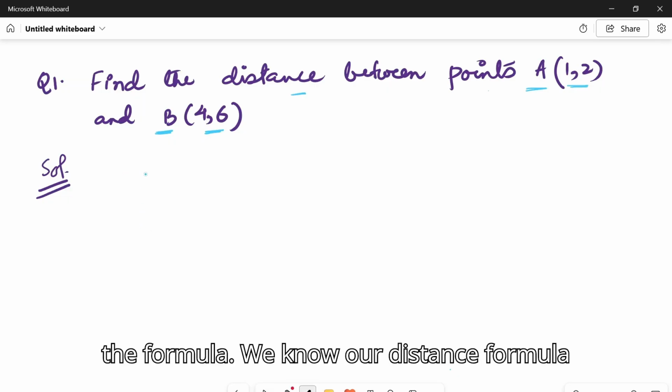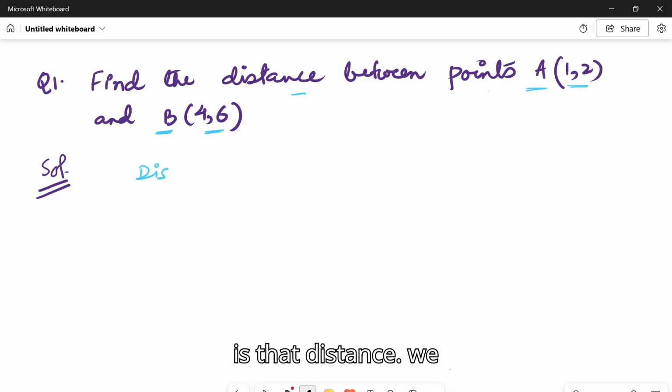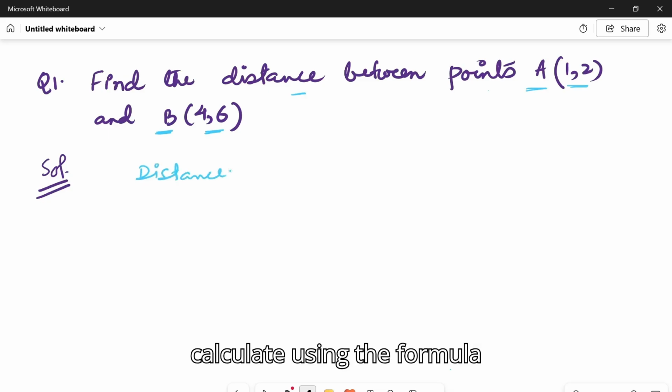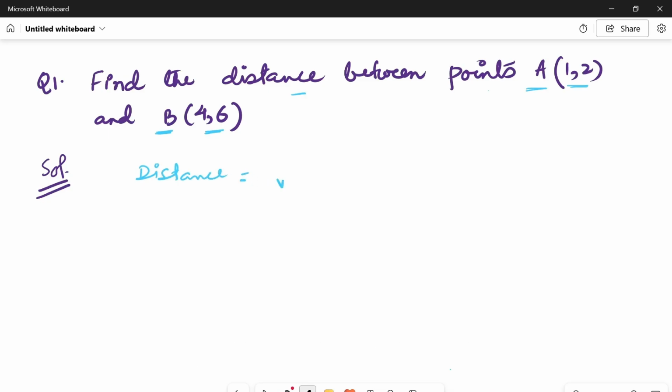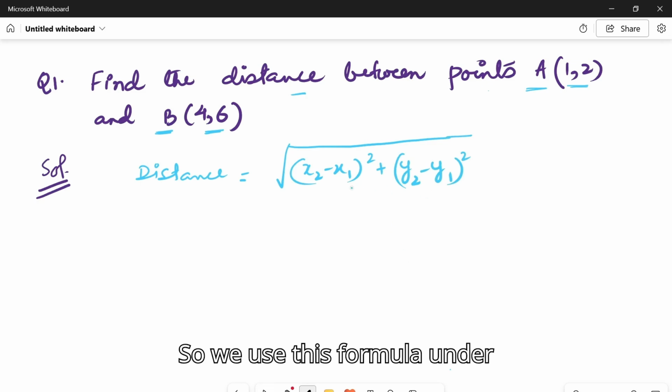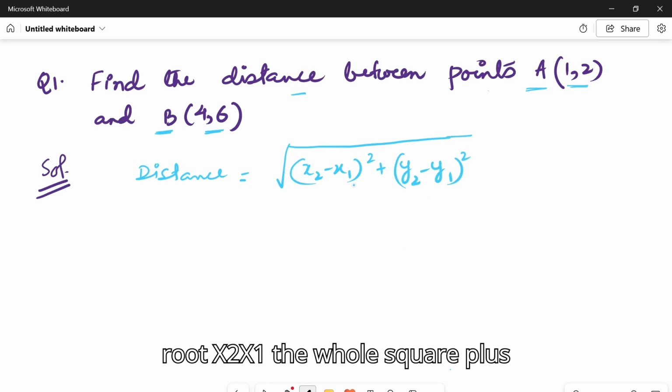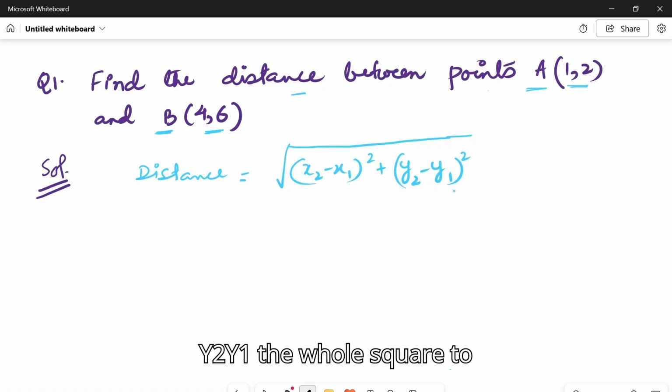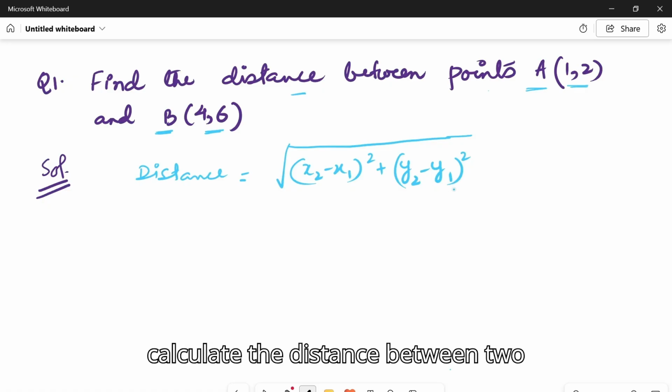We know our distance formula: we calculate the distance using the formula under root x2 minus x1 the whole square plus y2 minus y1 the whole square. So we use this formula to calculate the distance between 2 points.